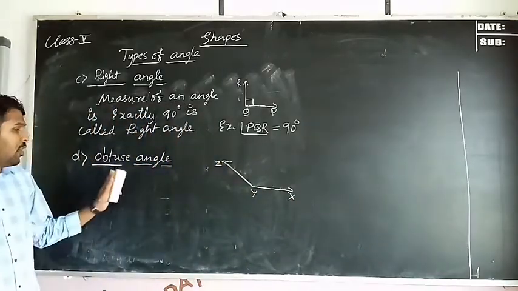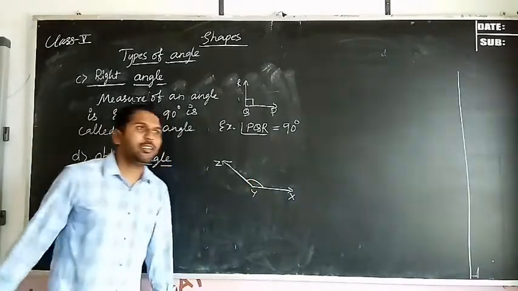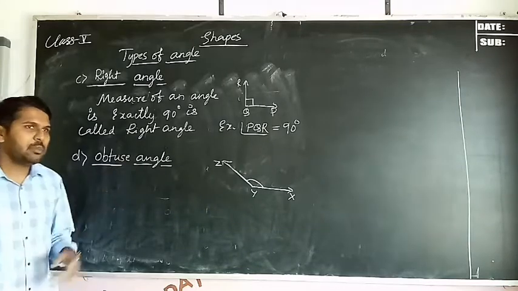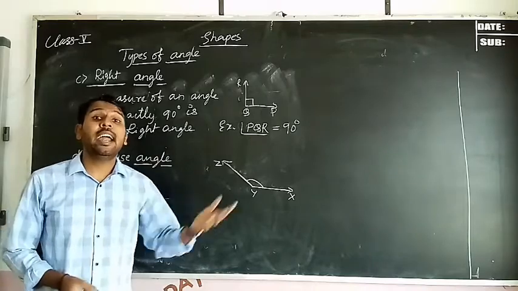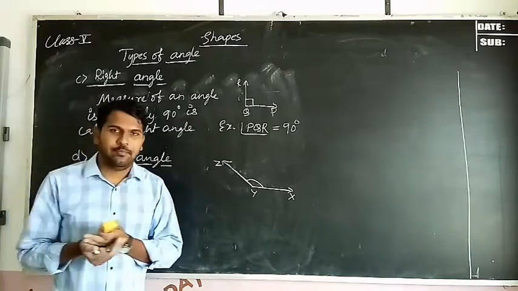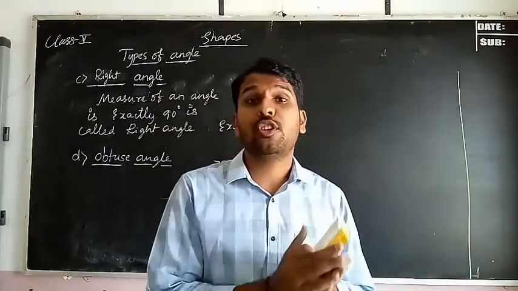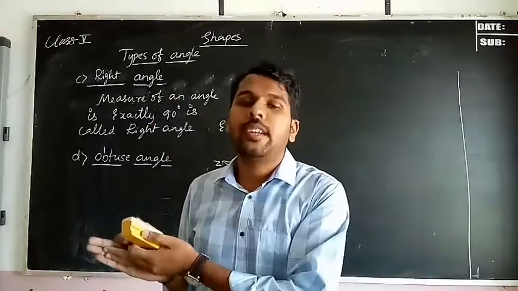So this is an angle. Obtuse angle means the measure of an angle is in between 90 degree and 180 degree. What is the definition of obtuse angle? The measure of an angle is in between 90 degree and 180 degree.